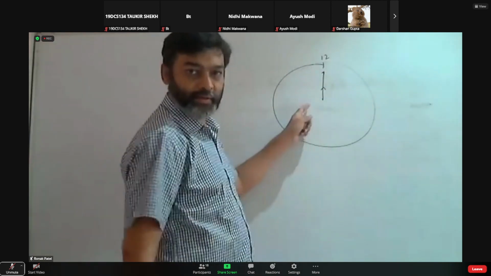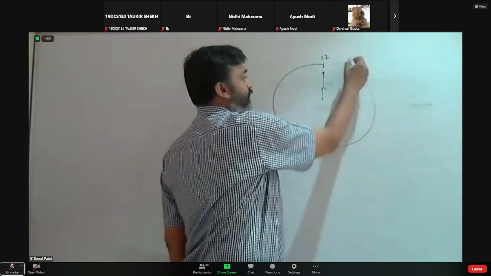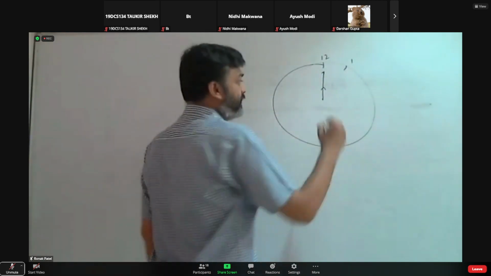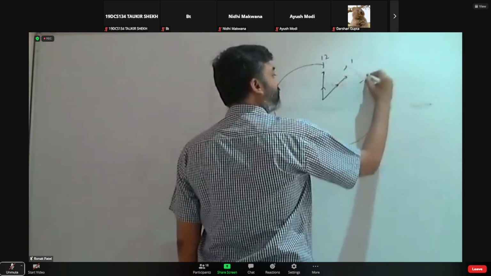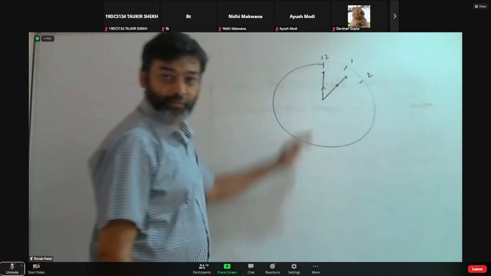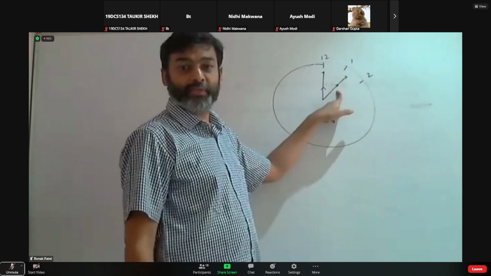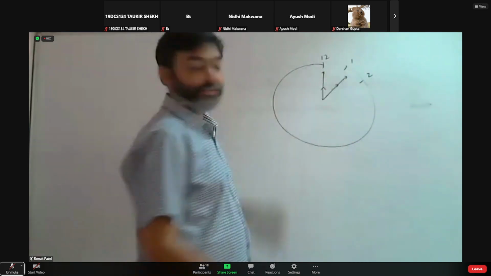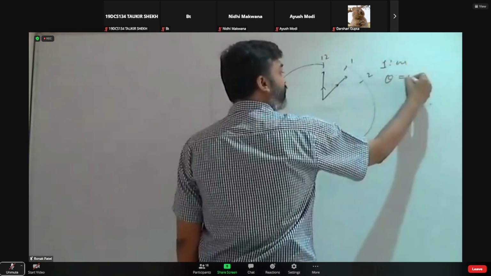Once again, when will both hands coincide? We know that it will coincide once again somewhere after 1 o'clock. And when they coincide, the angle between them is 0. So this is 1 hour and some minutes. I say 1 hour, minutes I don't know, but theta is 0 degrees there.